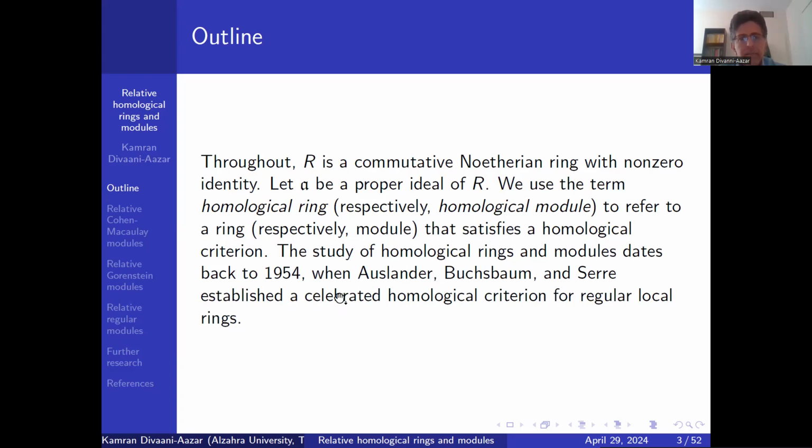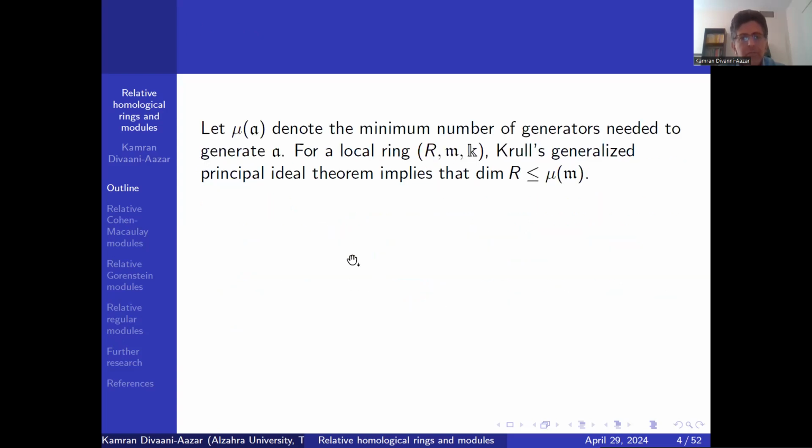For giving this characterization, we need some notation. So we fix some notation.